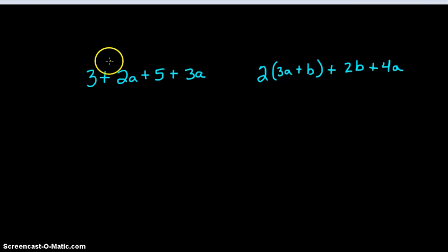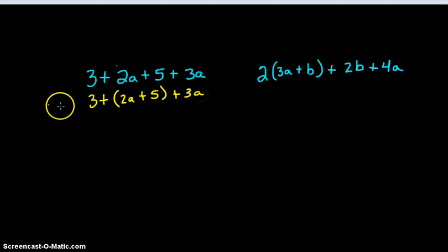So the first thing we'll do is 3 plus parentheses 2a plus 5 plus 3a. And that is the commutative associative property, because we went from these two being first to those two. The second thing we'll do is use our commutative property, and that just takes these two numbers and switches them.